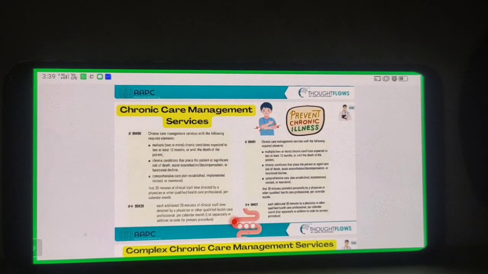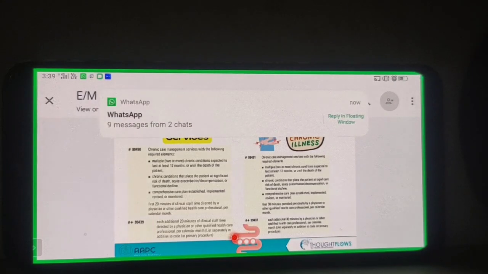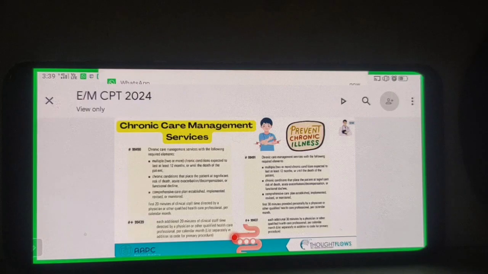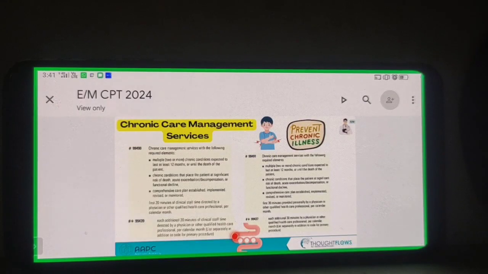What is the duration of a chronic condition? More than 12 months. That means at least 12 months, until death. Okay. Is there anybody waiting in the lobby? Until death. So that is the duration of a chronic condition.